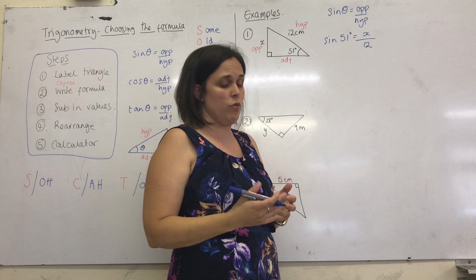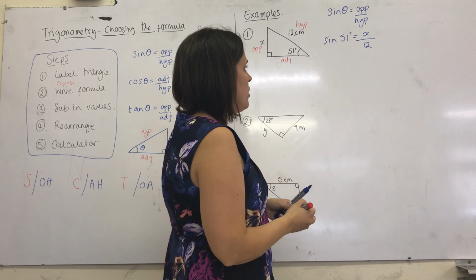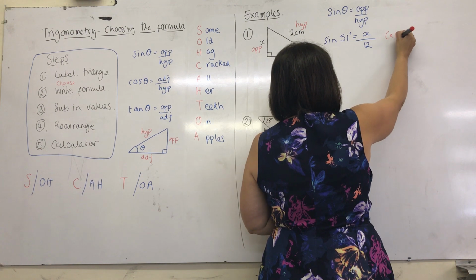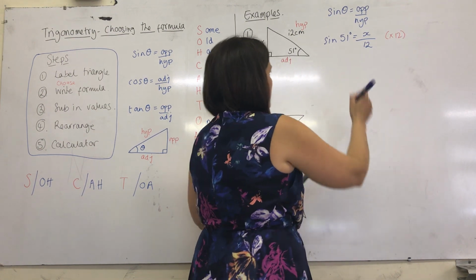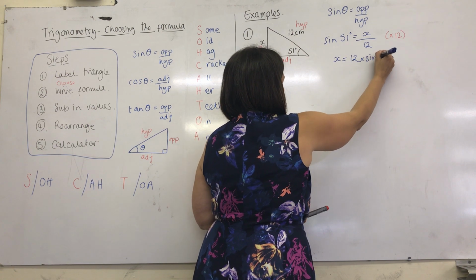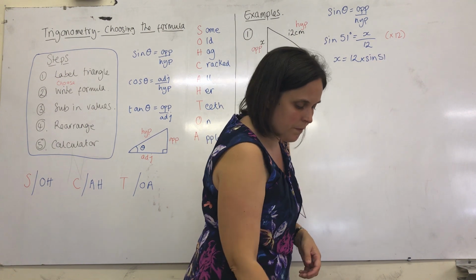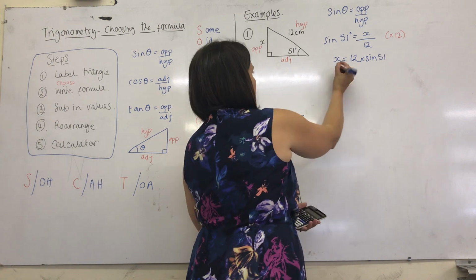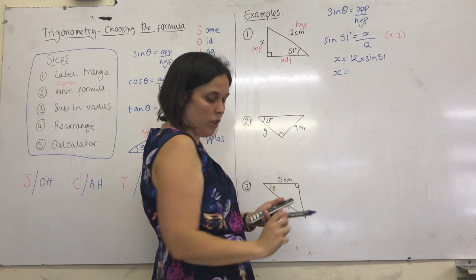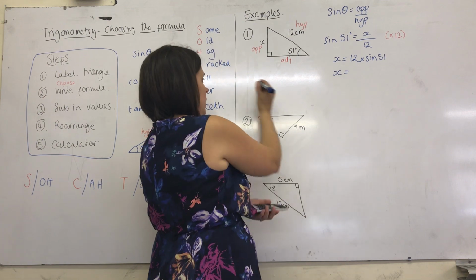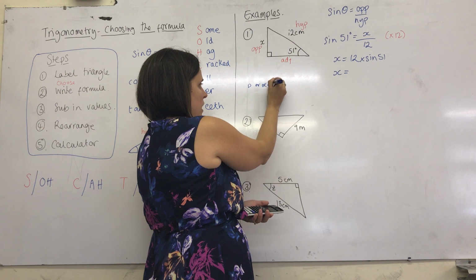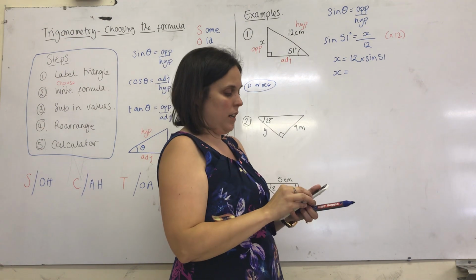Step 4, we're going to rearrange, and if you remember, just like last time, all we have to do is multiply by this. So we're going to multiply by the 12, so we get x equals 12 times sine 51, and then we go to our calculator, and if you remember, you must make sure you've got the D or DEG to stand for degrees, okay?